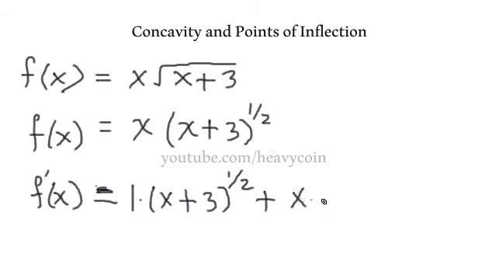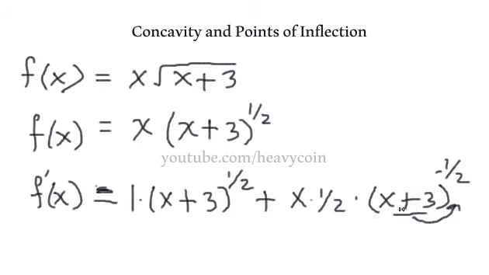I'm going to take this half, bring it out front, times x plus 3, and subtract 1 from the exponent, so that gives us a negative half. And of course we'd take the derivative of what's in parentheses, but the derivative of x plus 3 is just 1.